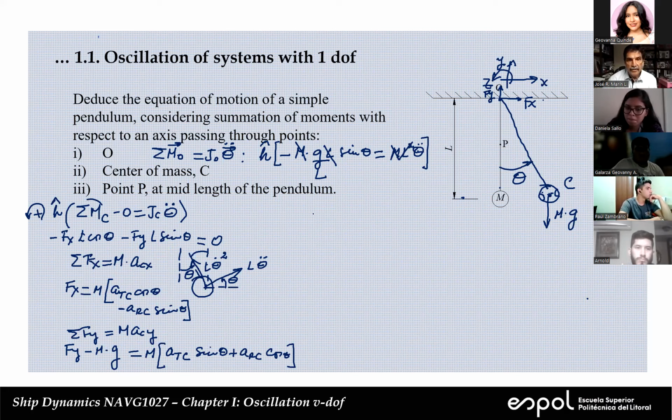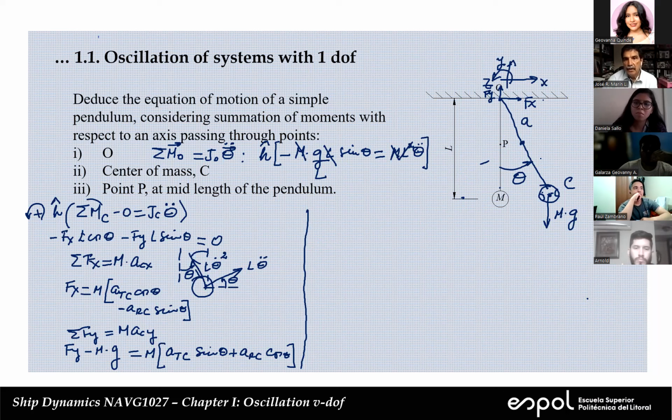Now let's go through the last one, which is more interesting, before we go to the break. In this case, let's put the reference system here in point P. Let's call the distance from O to P A, and from P to C, distance B. Now, in this case, it's much easier.